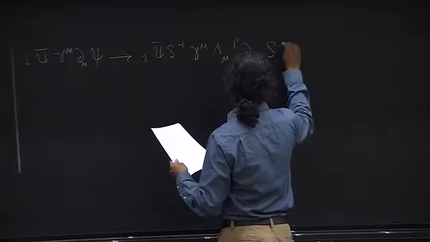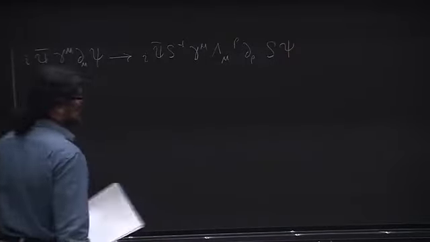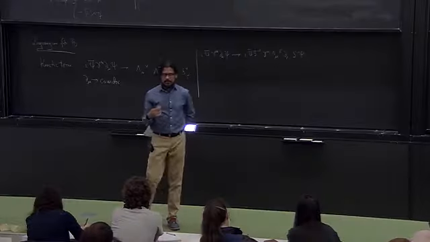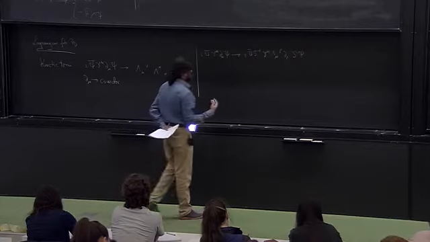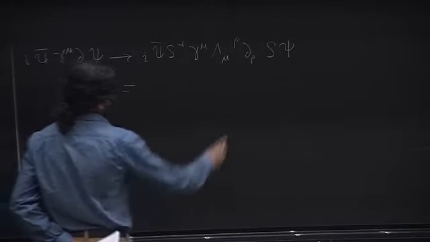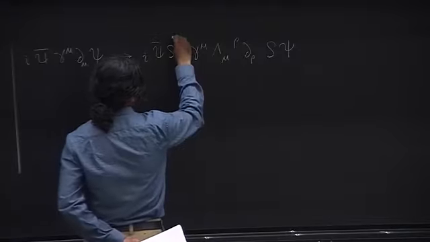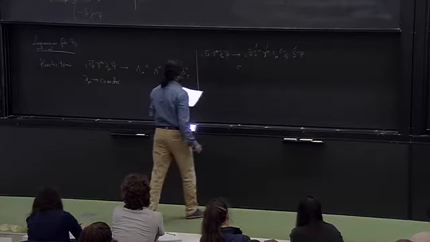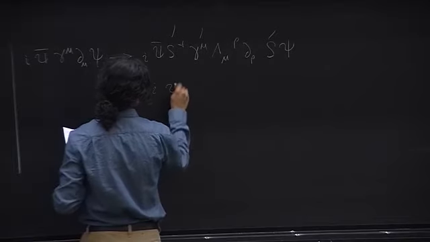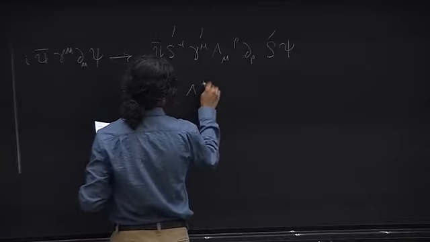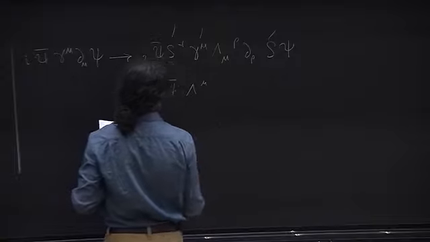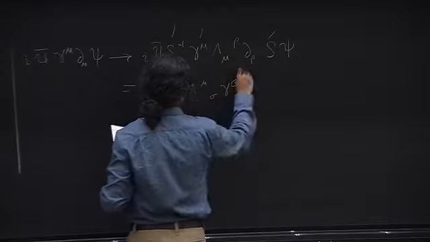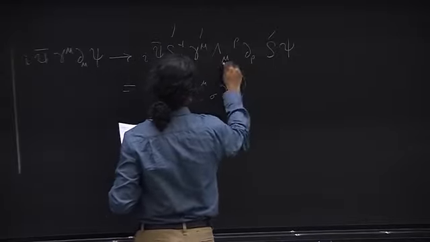And then psi becomes S of psi, right? But these S matrices are constant matrices, right? They do not depend on space-time points. Lorentz transformations are constant. So we can commute this guy and this guy. So now look at this thing and this thing and this thing and apply our favorite identity. Then we should get i psi bar gamma sigma. You get this from these three things, but there's already another one.